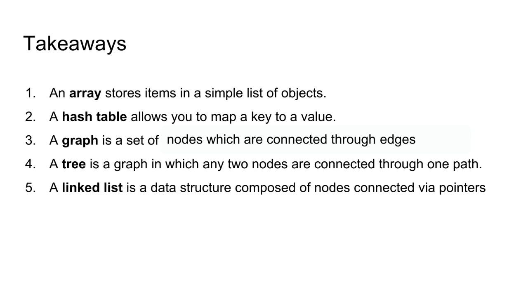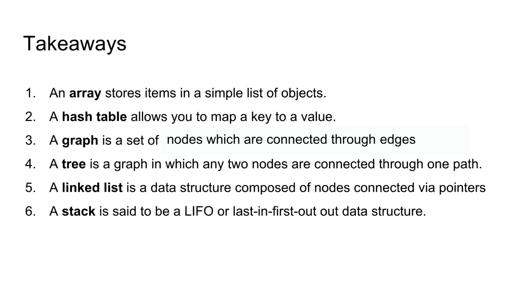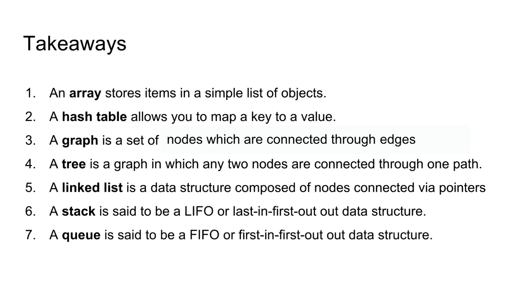A linked list is a data structure composed of nodes, where each node has a pointer to the other nodes. A stack is said to be a LIFO or last in, first out data structure. A queue is said to be a FIFO or first in, first out data structure.